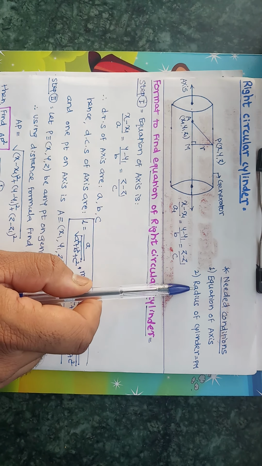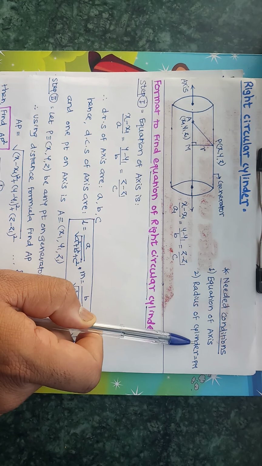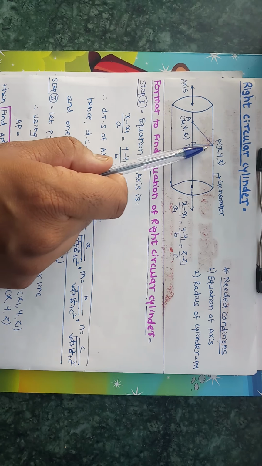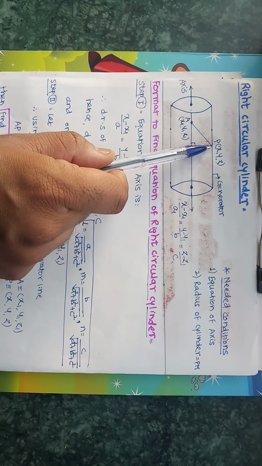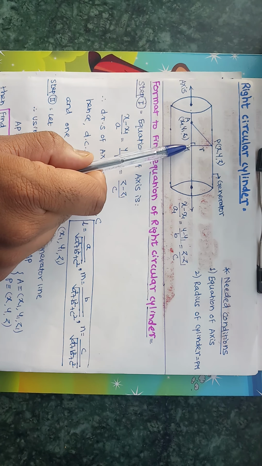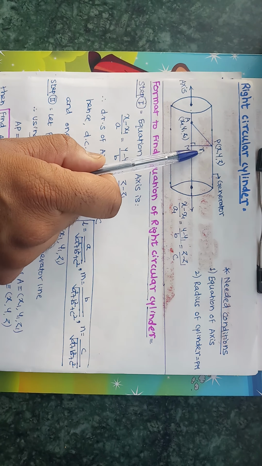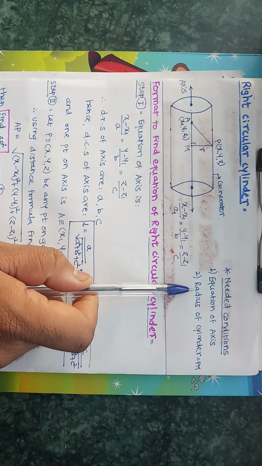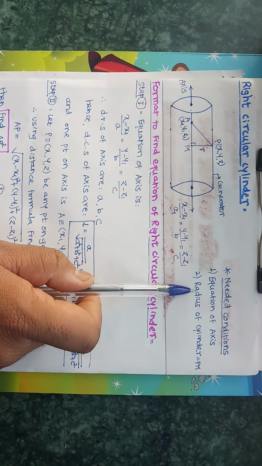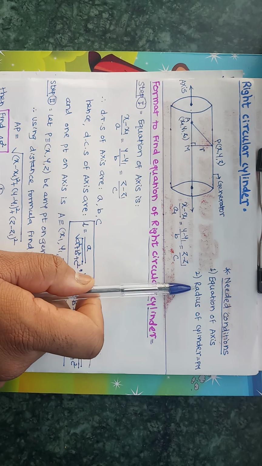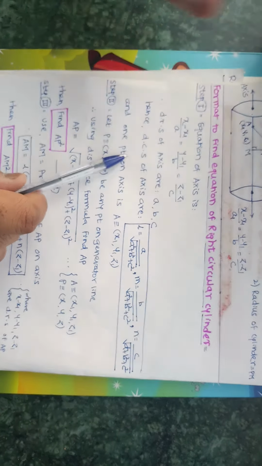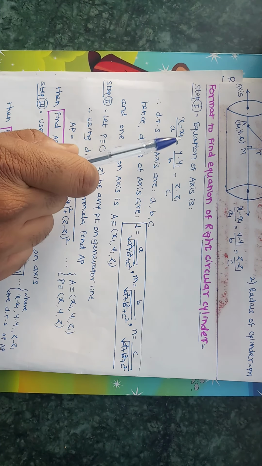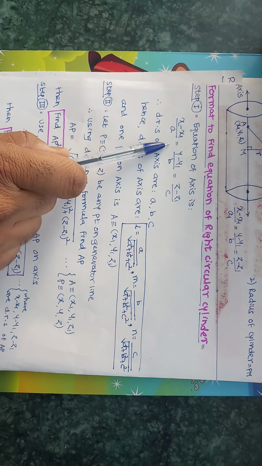The second condition needed is the radius of the cylinder. In the figure, PM, which is the perpendicular from the point P on the axis, is denoted by R. If these two conditions are given, then we can directly find the equation of the right circular cylinder. So this is the format to find the right circular cylinder. In the first step, we need the equation of the axis in symmetric form.